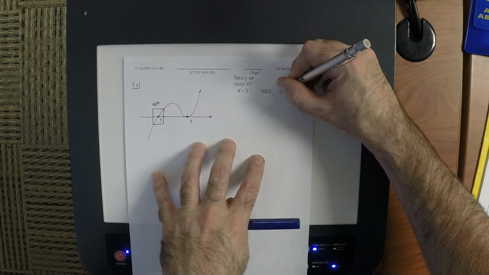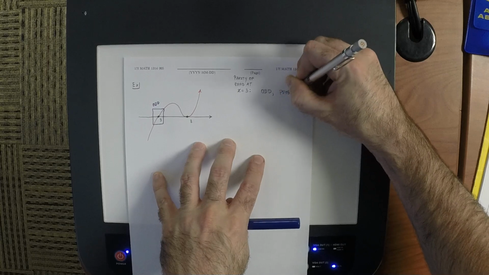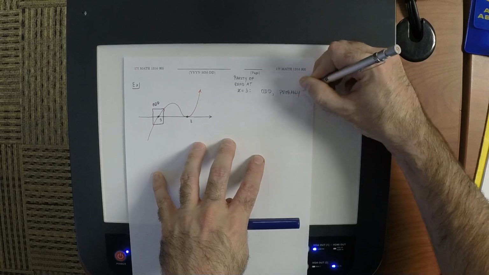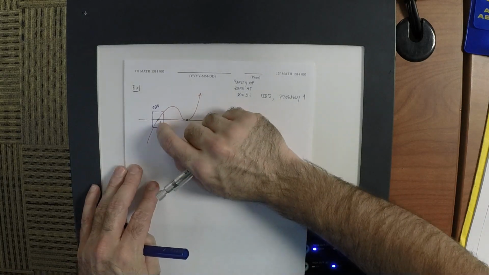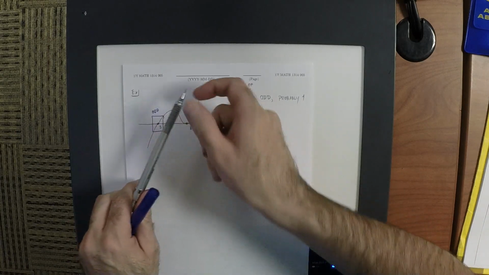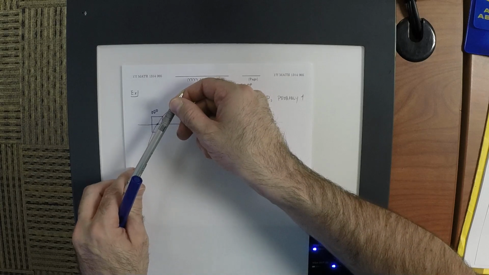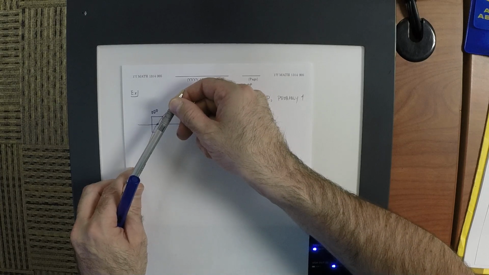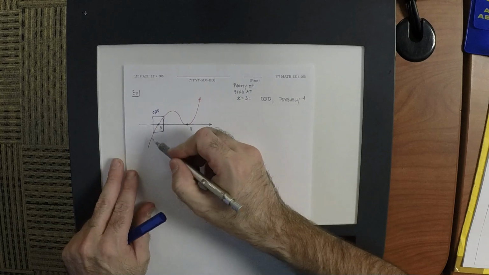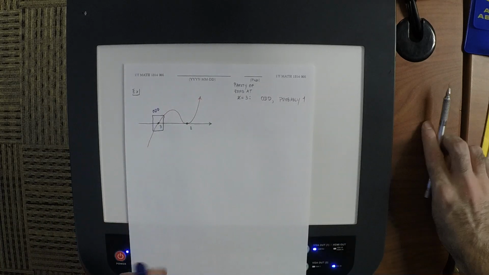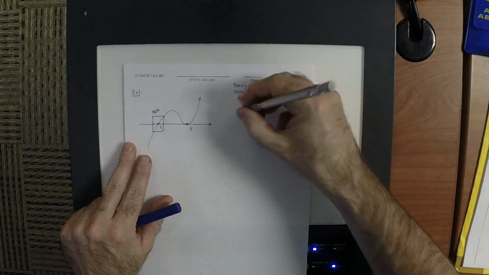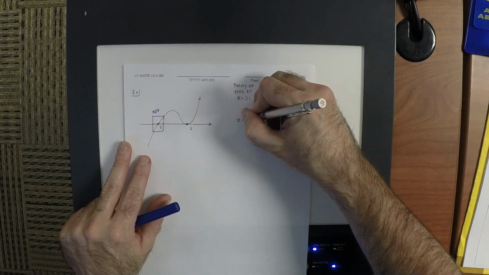So odd and probably 1, because it goes through there flat. If it went through there like an S, then it is probably 3 or more. So how about the same question, but at x is 8?